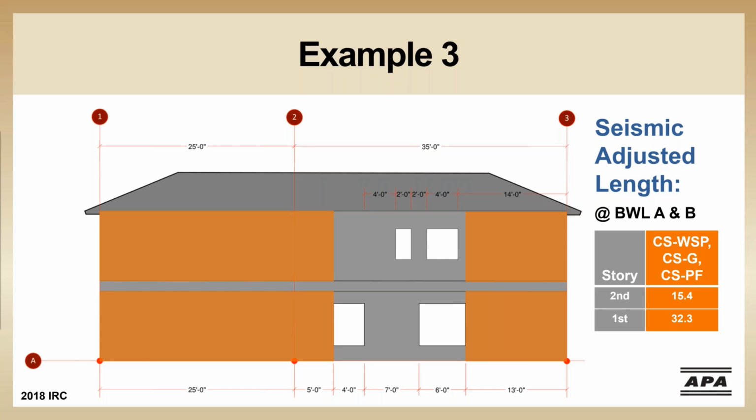There is naturally a lot of wall area for bracing since these type of townhomes are usually built on narrow lots. In a similar manner to the previous slides, in the table shown, we established that the braced wall panel lengths were required. You can see there's plenty of opportunity to provide 32.3 feet of braced wall on the first floor and 15.4 feet of braced wall on the second floor.